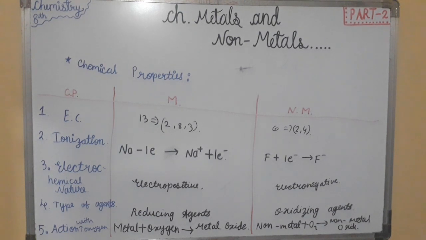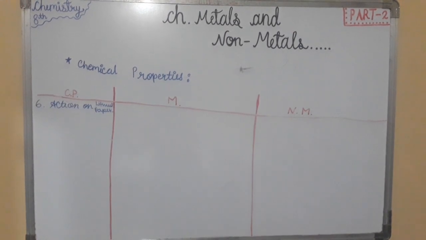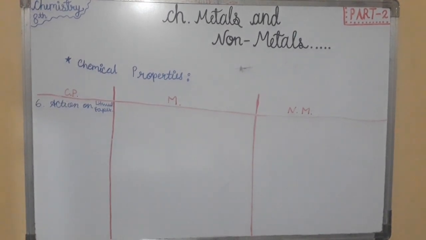Next is action on litmus paper. In metals it is seen as follows: a magnesium ribbon is burnt and the residue is collected in a glass tumbler.